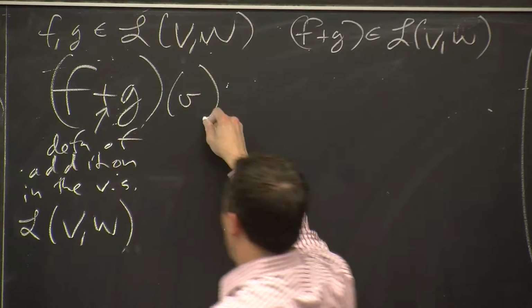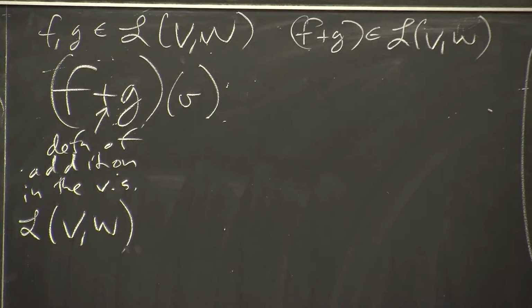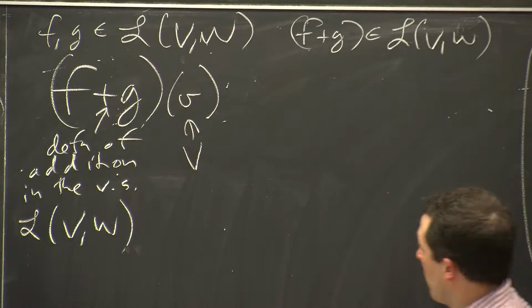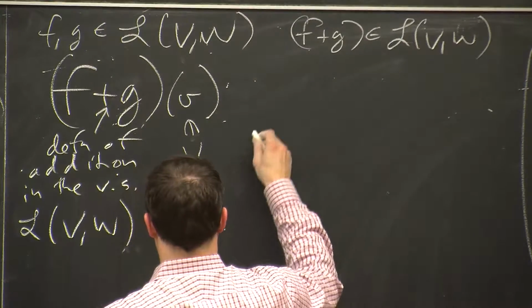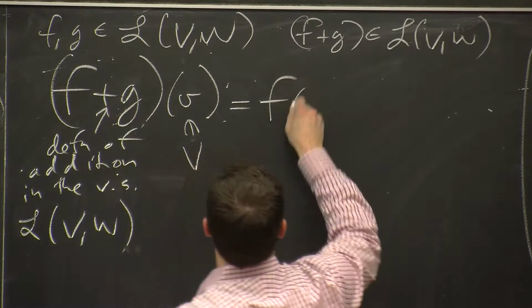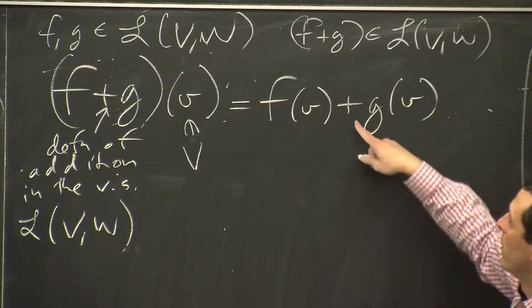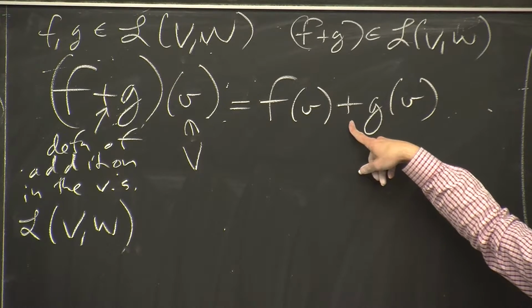I define it by saying what it does to a vector V, which has to be in the vector space V. And by what we just set that equal to, well, F of V plus G of V. And this addition happens in which vector space?